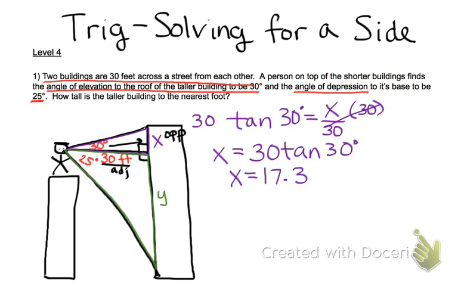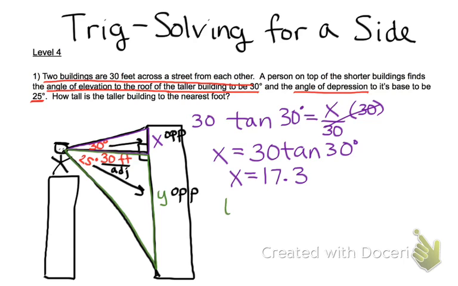Now I'm going to do the green triangle. So I'm going to label the sides from 25 degrees. My Y is going to be opposite. And again, the 30 is still going to be our adjacent for the green triangle. So the trig function that uses opposite and adjacent is tangent.